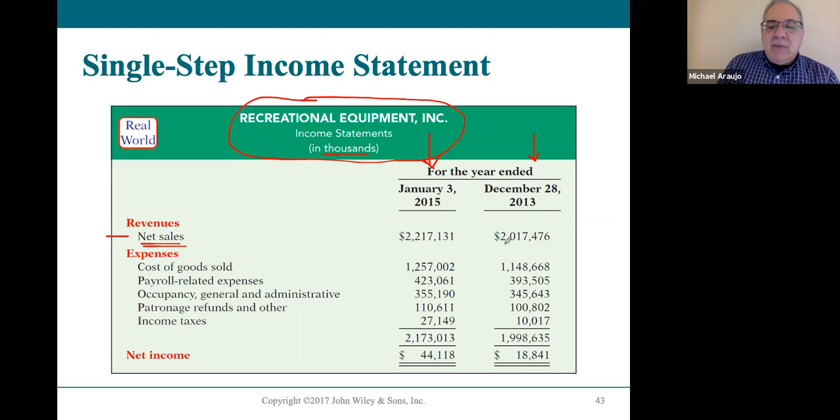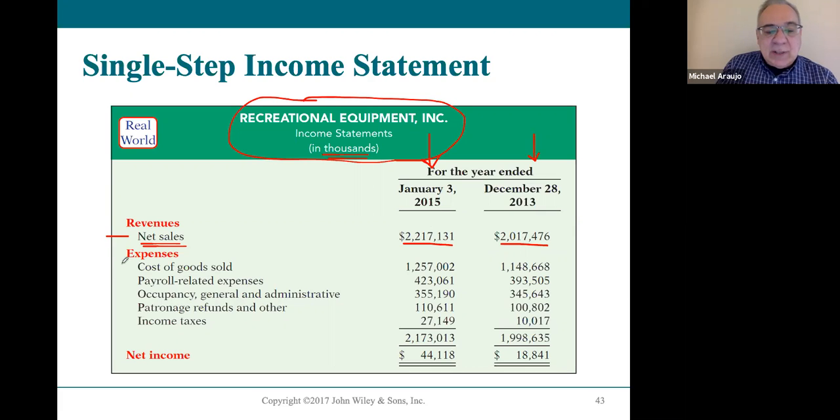And here you went from, these numbers are in thousands, so you have to add 3 zeros. So we went from just a tad over 2 billion, because you got to add 3 zeros here, to about 2.2 billion. So the increase was quite good. I mean, when retail goes up almost 10% in sales, that's really good, particularly today.